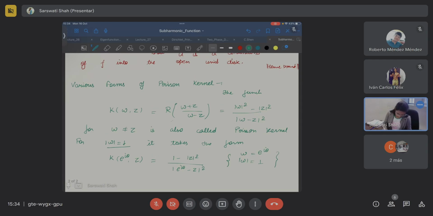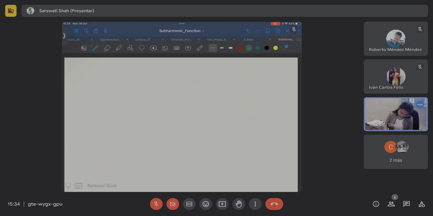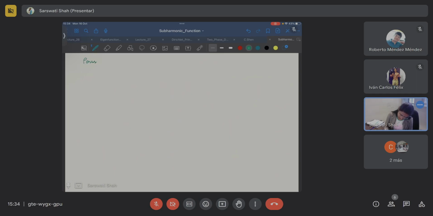So, if we set w equal to e to the power iota theta and z equal to r e to the power iota t, then the Poisson kernel takes the form: I am not doing anything new, I am just making the arrangement to write the different form of the Poisson kernel in the complex plane, not in the real plane.